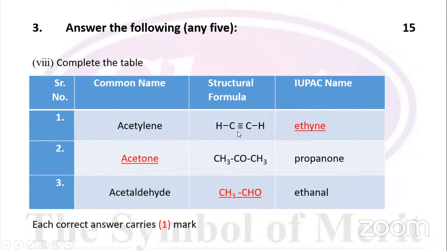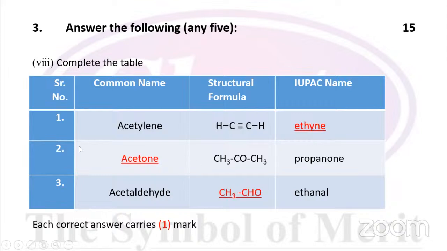As you can see, there are two carbons, so the parent name will be ethane, but as there is a triple bond, it is from the alkyne family, so it is ethyne.